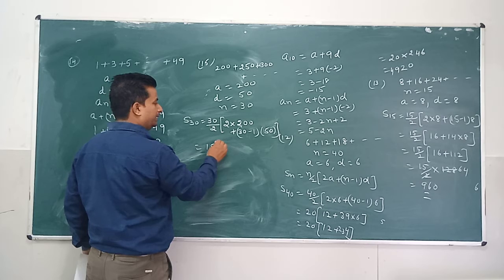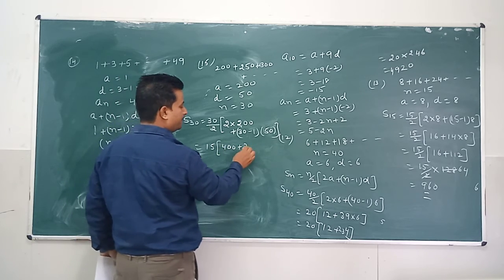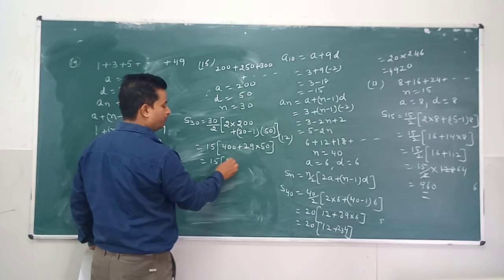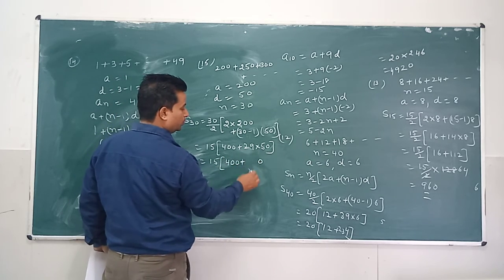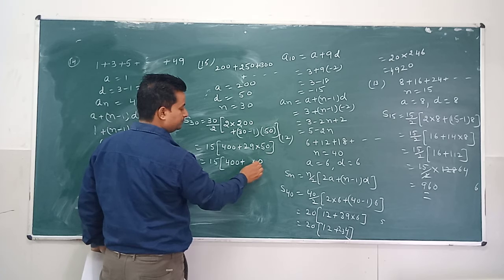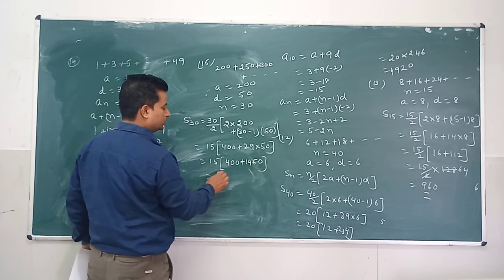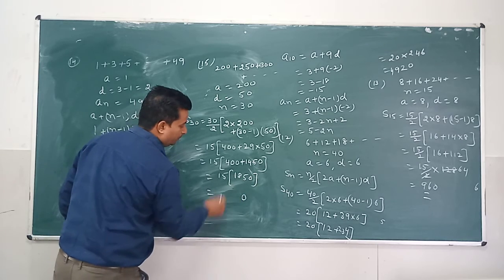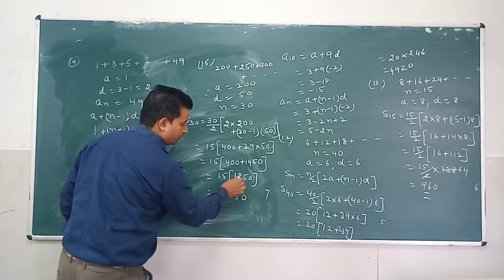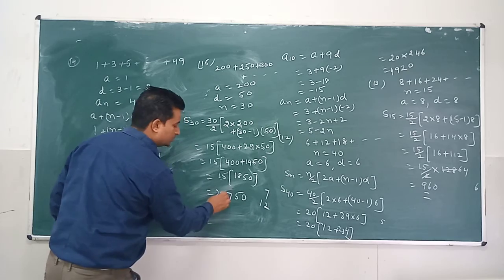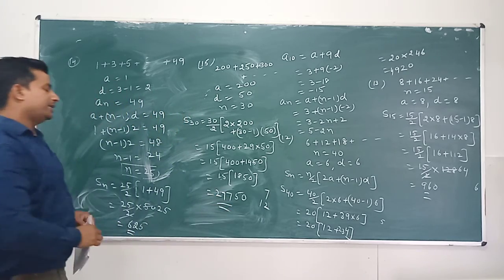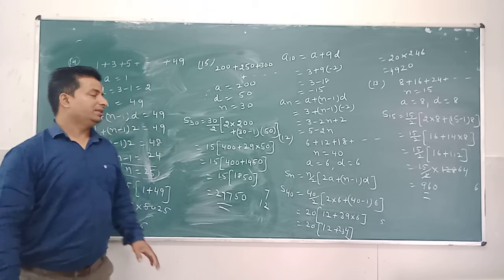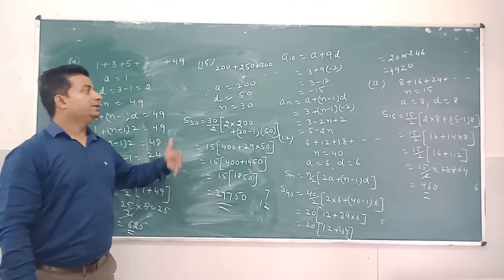This is 15 into 400 plus 29 into 50, 15 into 400 plus 1450, so this is 15 into 1850, which is 27750. So 27750 is the amount paid when the work is delayed by 30 days.